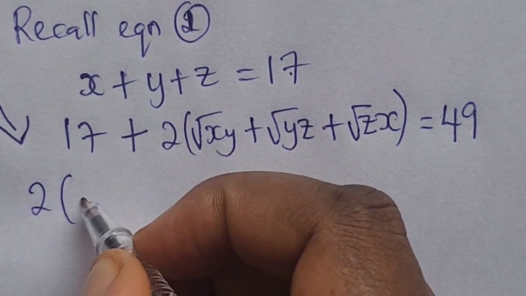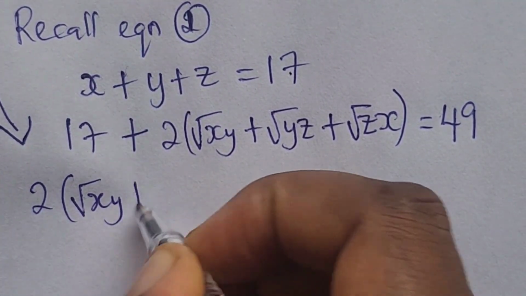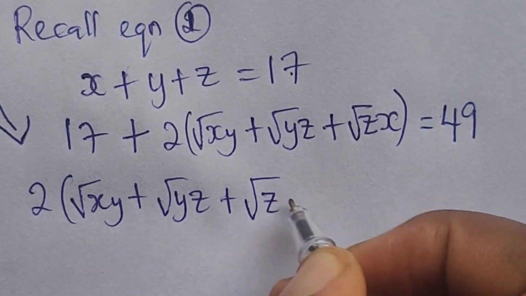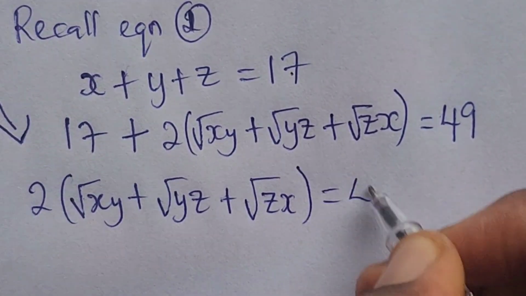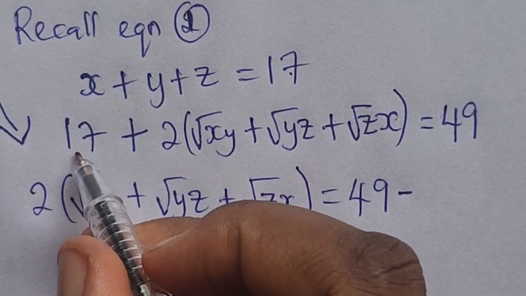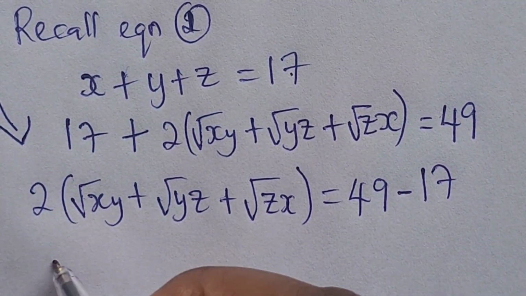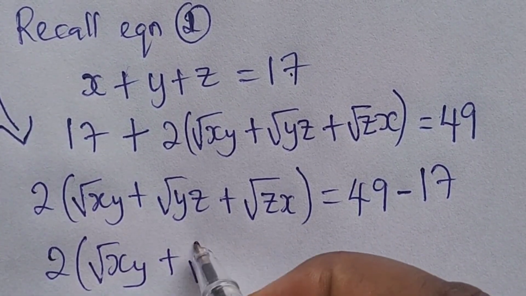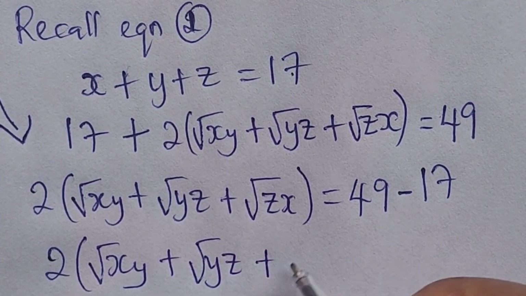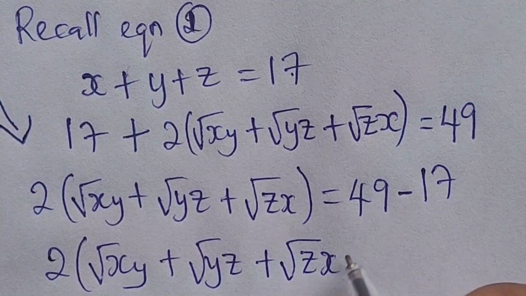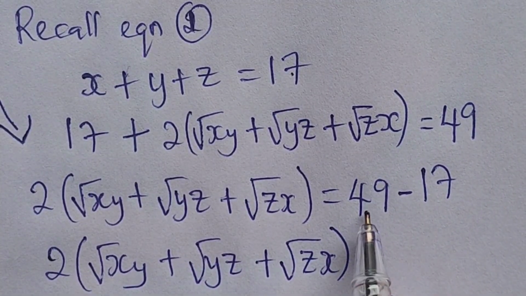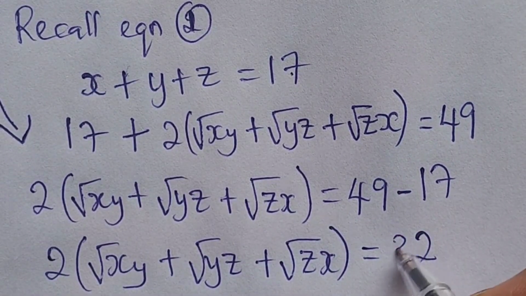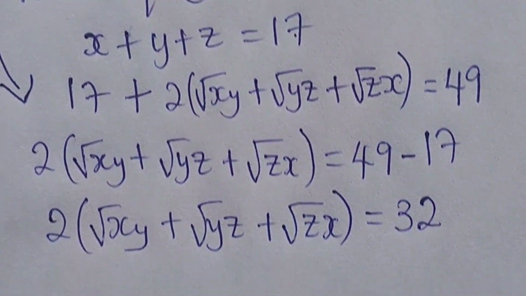So we have 2 times root xy plus root yz plus root zx equal to 49 minus 17, which is 32.